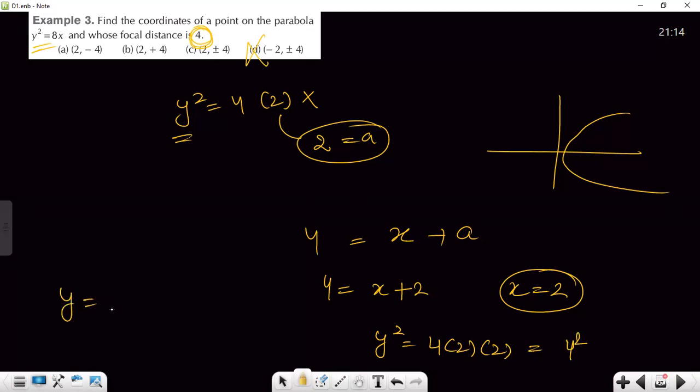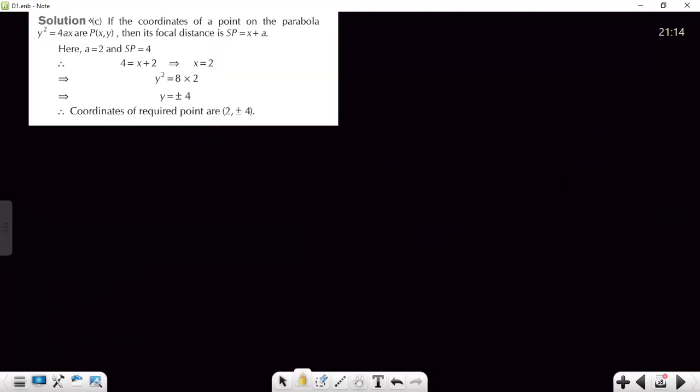If we take the square root, then it becomes plus minus 4. So C becomes our correct answer. Yes, C is the correct answer. First, we find x because the focal distance is x plus a as per our formula.